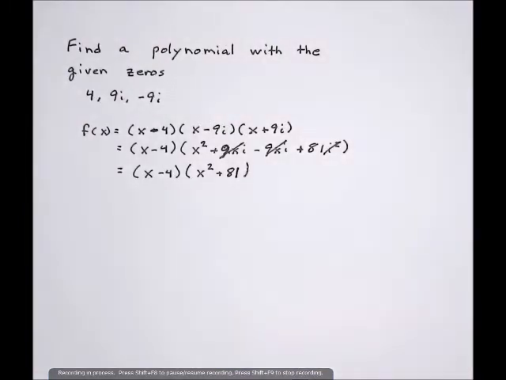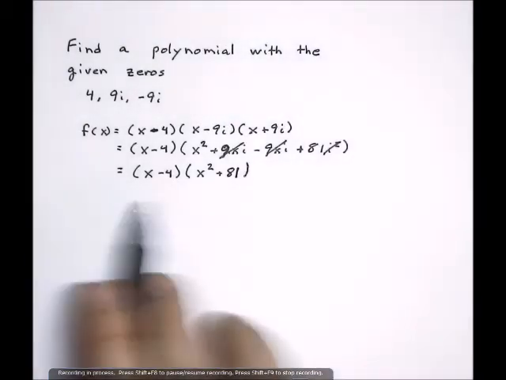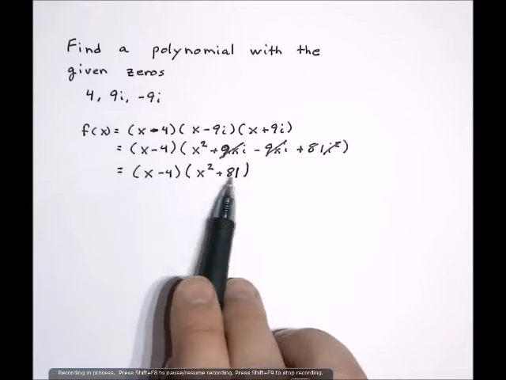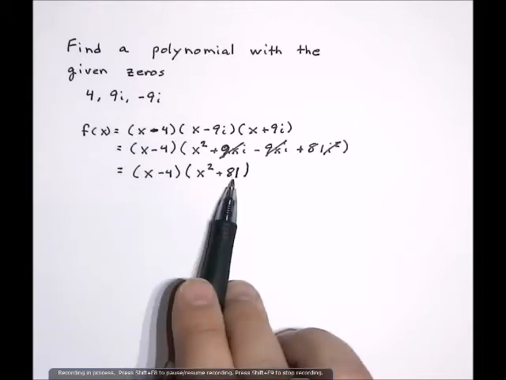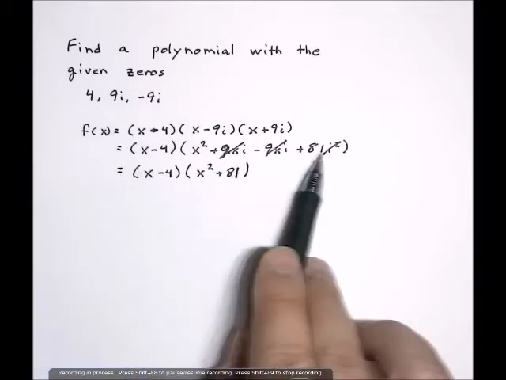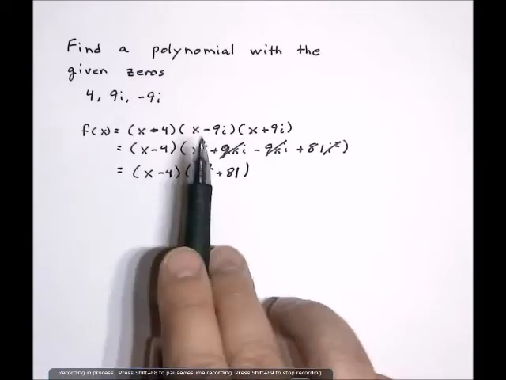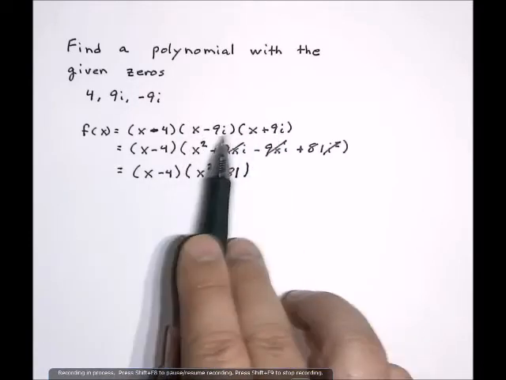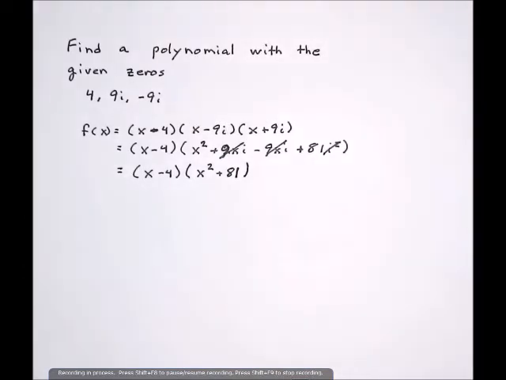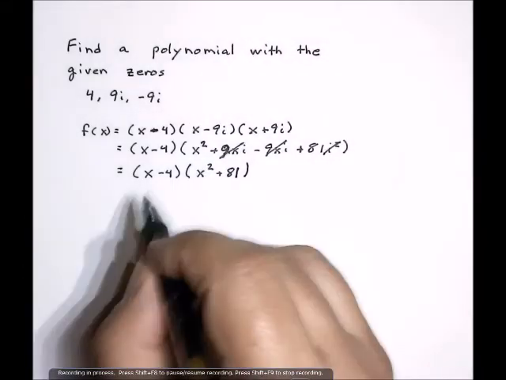Alright, now we just need to multiply these two together. And you'll notice my imaginary numbers disappeared completely. That's what happens when you multiply conjugate pairs together. The irrational part or the complex part, imaginary part, goes away, and you're only dealing with real numbers. So let's multiply these together.